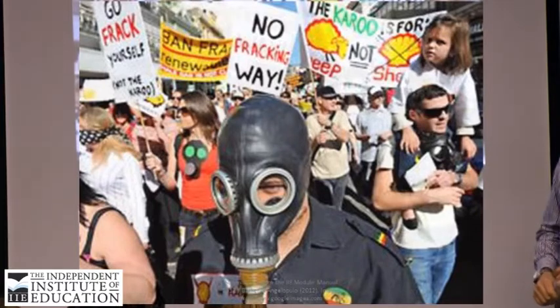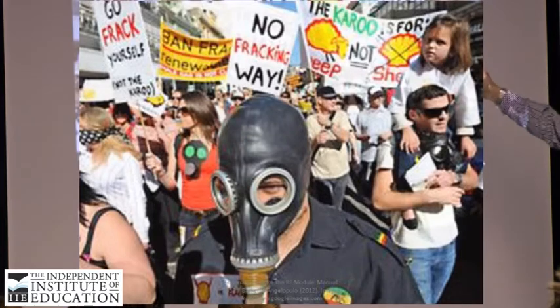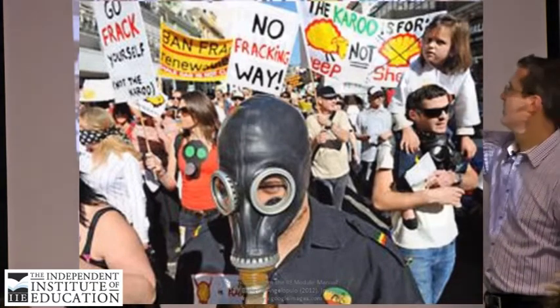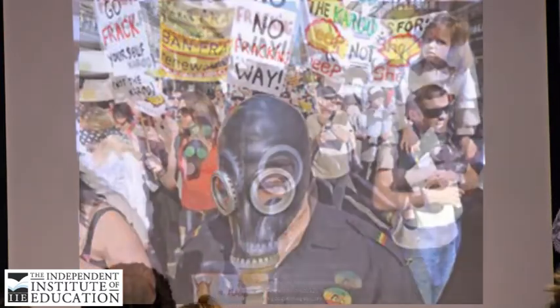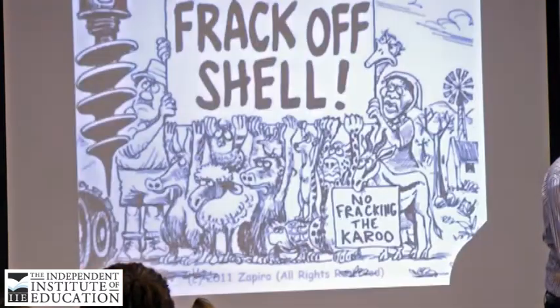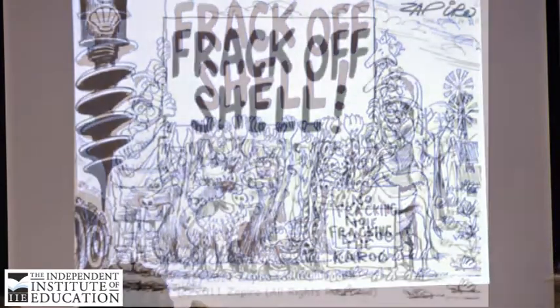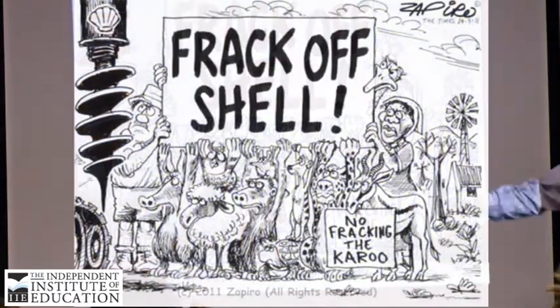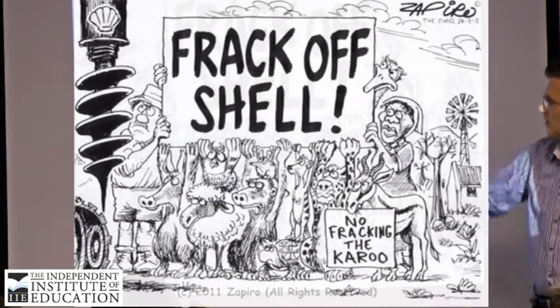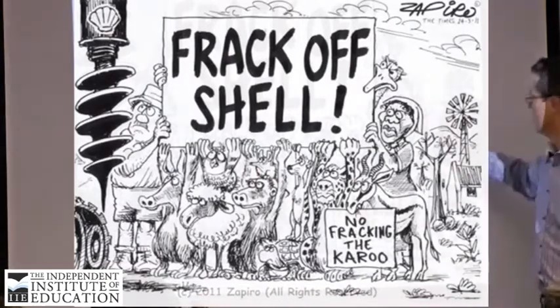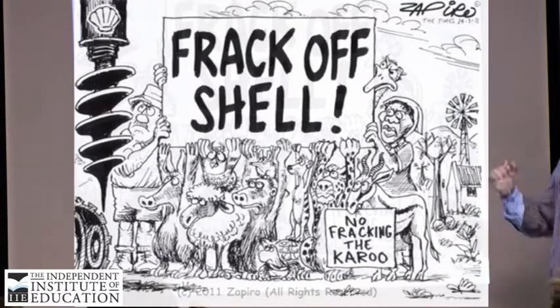No fracking way. Go frack yourself. The Karoo's for sheep, not for Shell. People are very verbal and very explicit about this. The Zapiro cartoon, that's the Shell drill, and these are the animals, the farmers, the people that live there, holding up signs that say, frack off Shell.